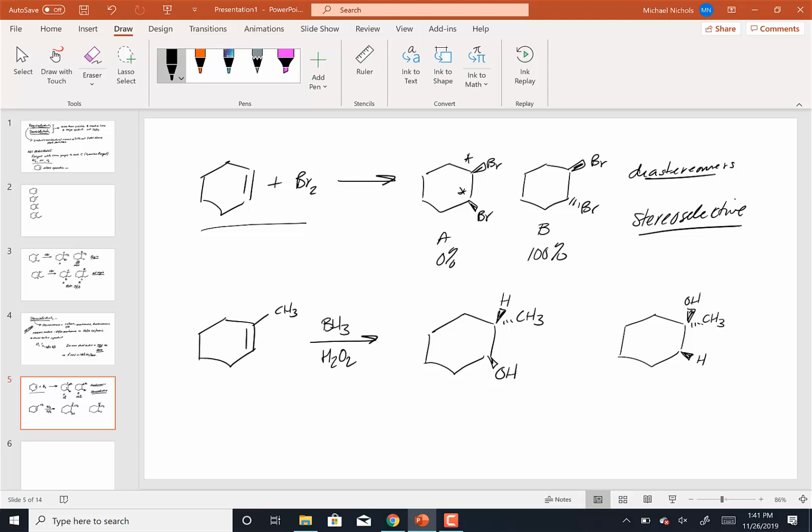Yes. Am I favoring one over the other? Yes, because that's the major product. So this reaction is regioselective. The Markovnikov and anti-Markovnikov products are different, and I selected the anti-Markovnikov over the other. So it is regioselective. Now the question is, is it stereoselective?